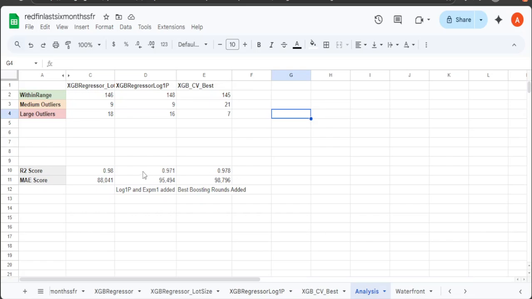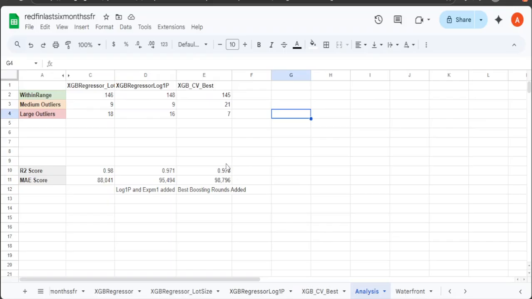See the R2 scores 0.98, 0.971, 0.978. So still really great. Excellent R2 scores, and the MAE is only off by a range from 88,000 to 98,000. So anytime you can get that, I'll take that.